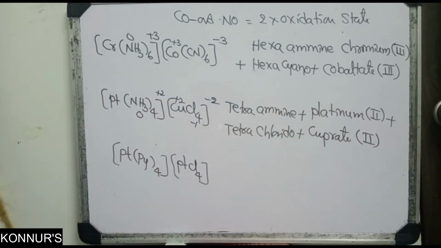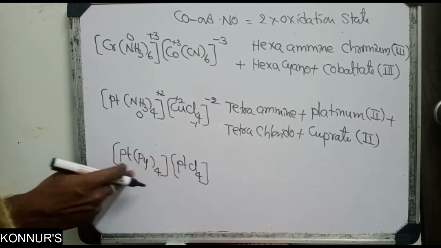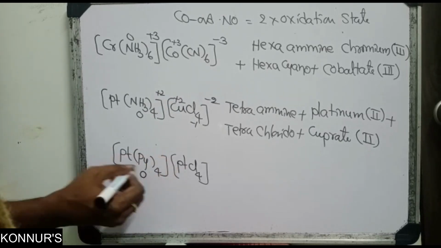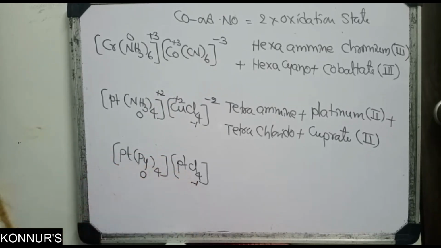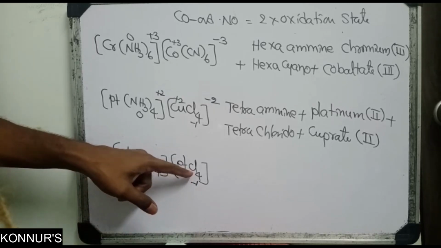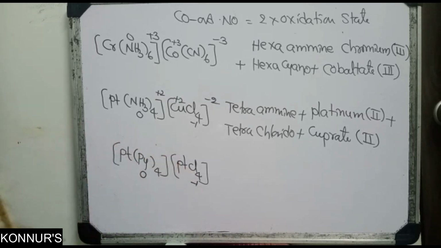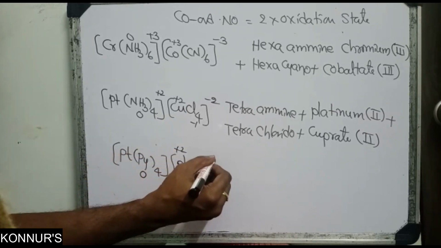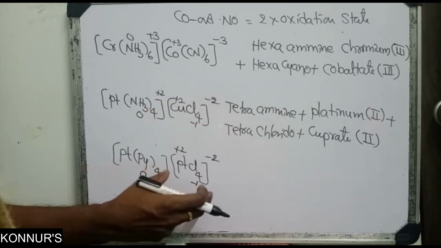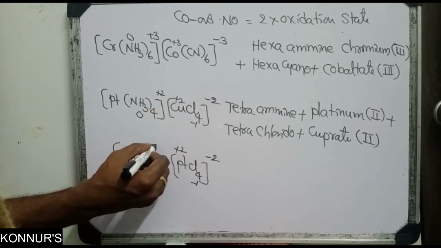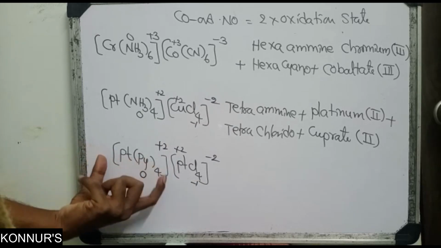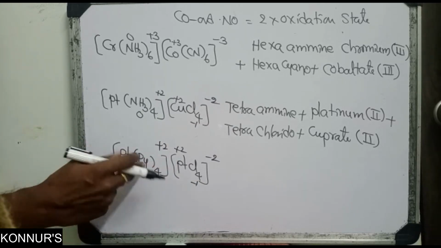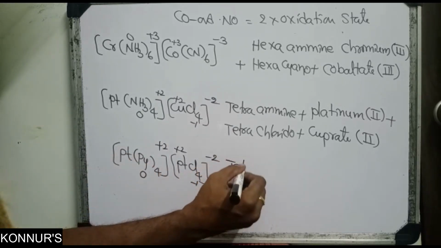Next, in this, first of all this is 0, and here minus 1. Here 4 are there, so the oxidation state is half of 4, that's why it is plus 2. Here 4 negatives neutralize 2 only. Remaining 2 negative charges are there. This complex 2 negatives means this complex is plus 2. First you explain this one, that is tetrapyridine.